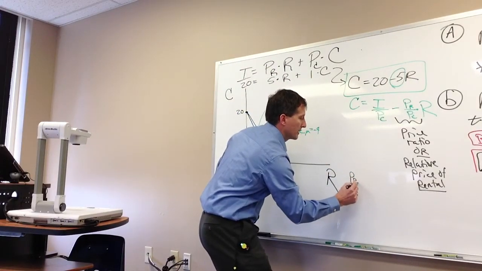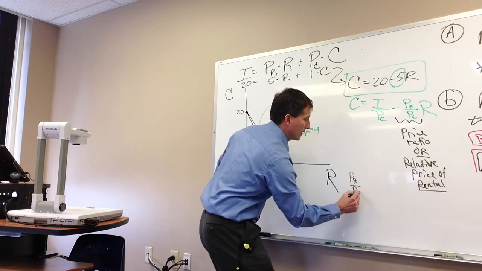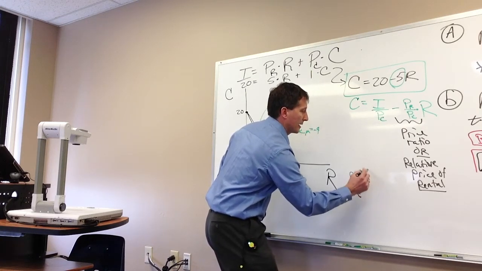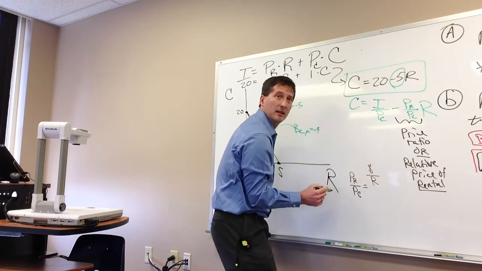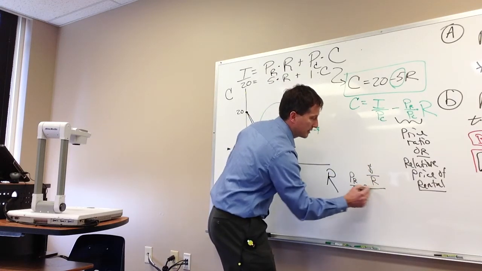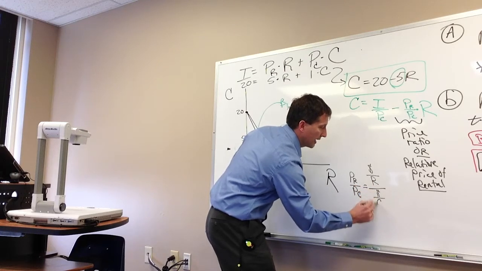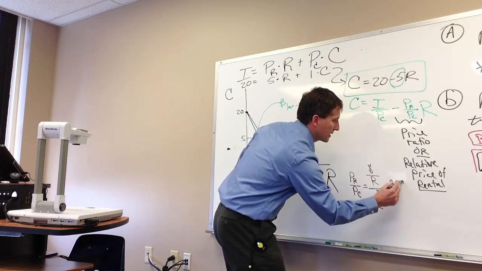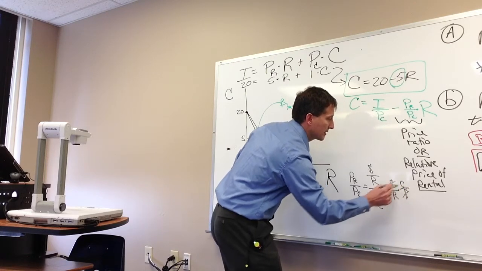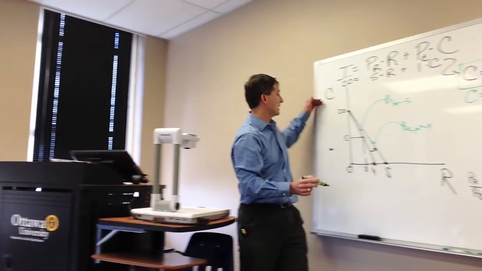The price of rentals over the price of candy can be thought of as dollars per rental over dollars per candy, dollars per rental times candy per dollar, dollars cancel, candy over rental, rise over run.